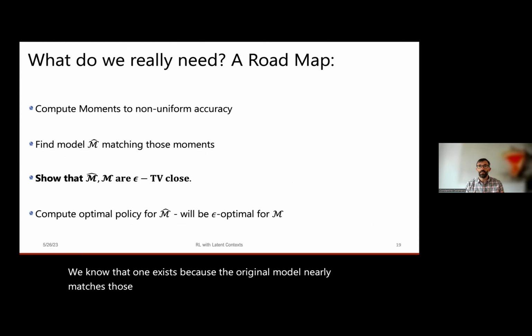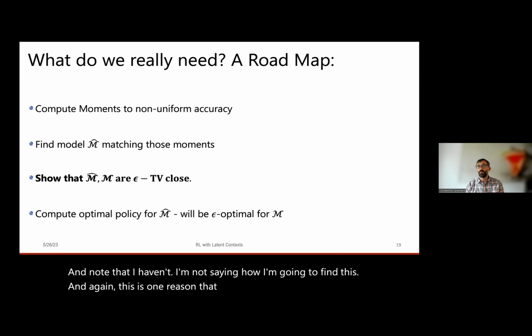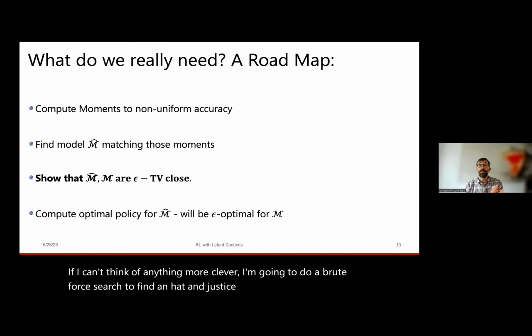So at least the true model does. Perhaps there are others, but certainly one exists. And note that I'm not saying how I'm going to find this. And again, this is one reason that this isn't a talk about computational complexity. So I'll assume that if I can't think of anything more clever, I'm going to do a brute force search to find M hat and just verify that it matches moments.